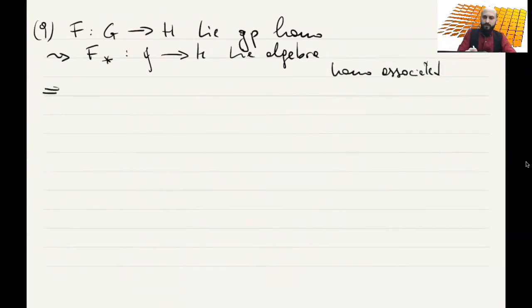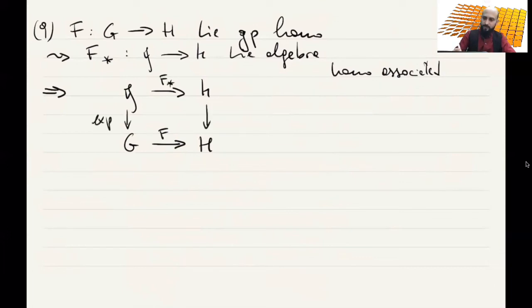Now, what is true is that we have, on G to H, the map F. At the level of the Lie algebra, we have the map F star. If we consider now the exponential maps on the two groups, then this diagram commutes.